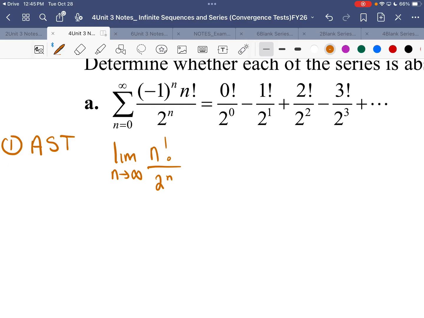An n factorial compared to pretty much every other type of function is going to be bigger. So we have a big top. So the factorial is greater than 2 to the n. That means this is big top, which is big top equal to 0? No. So this is not equal to 0. AST is inconclusive.